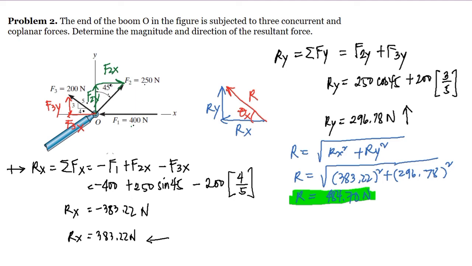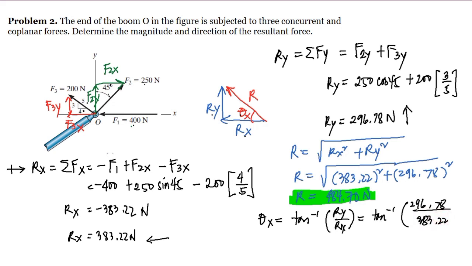Now computing for theta x. So theta x is equal to the arctangent of the opposite of theta x, that's Ry, over the adjacent of theta x, that's Rx. We have the arctangent of Ry, that is 296.78 Newton, over the Rx, that is 383.22 Newton.